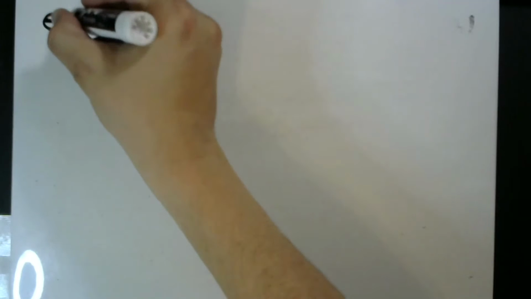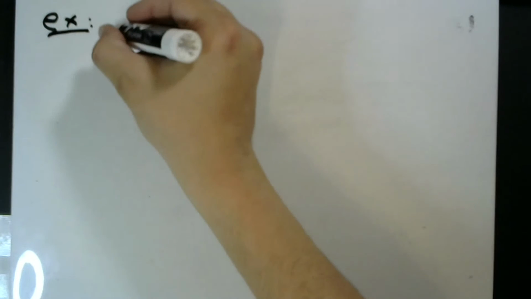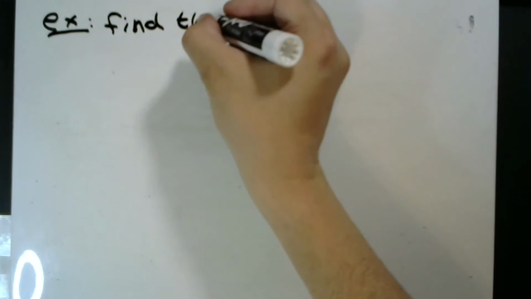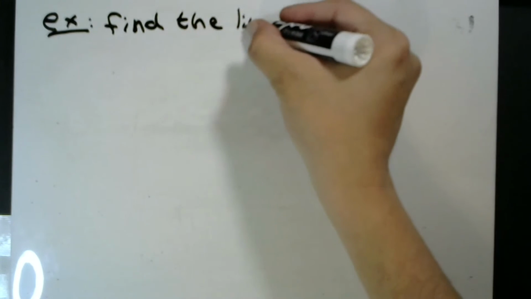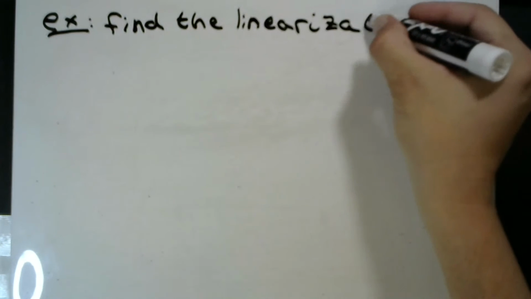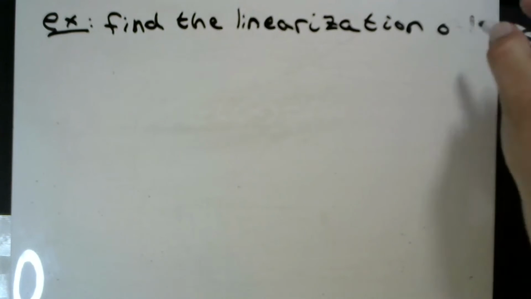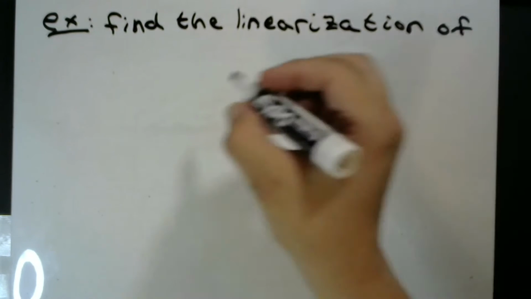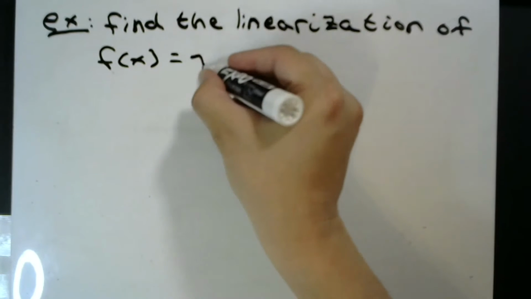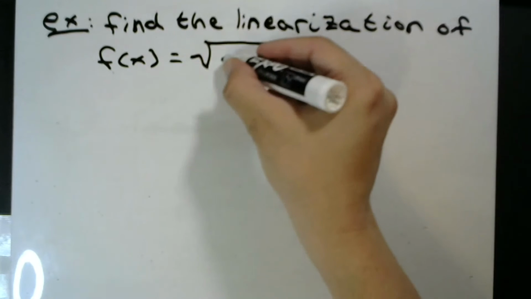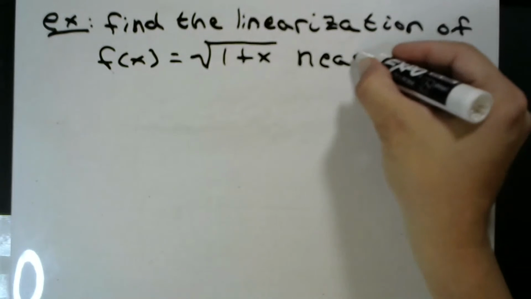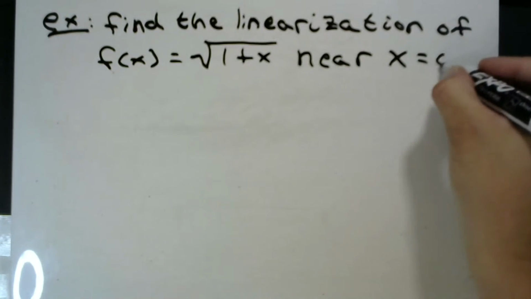So for example, we'll find the linearization of f of x equals the square root of 1 plus x near x equals 0.